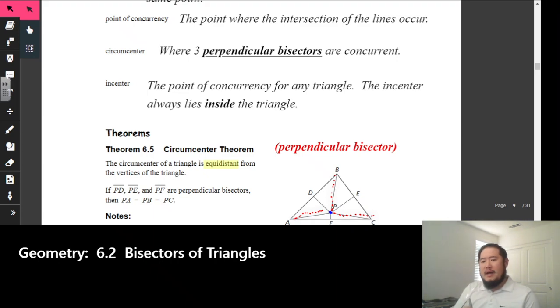Not PD, not PE, and not PF. Those are not congruent to each other.